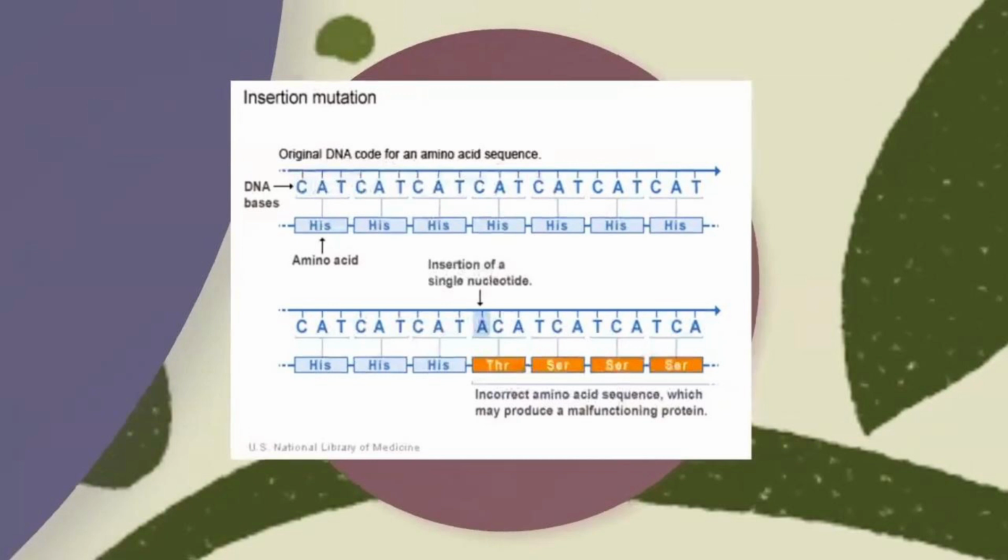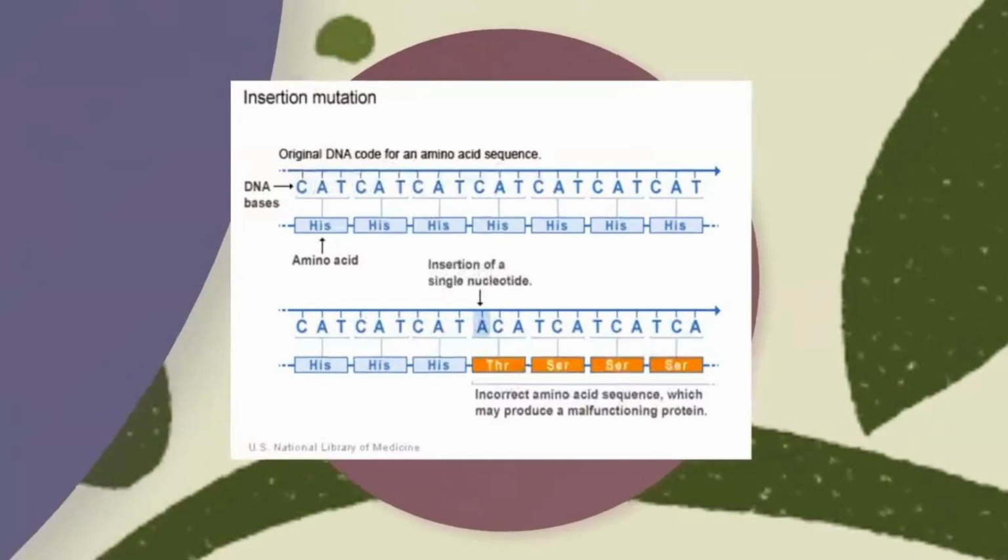Imagine we have TAT, CTT, AGT. The first one, TAT, is coding for a tyrosine. If we then have an insertion after the T, instead of saying TAT-CTT, it actually says TAT-ACTT, then what has happened is the triplet of the leucine, which is the CTT, has been moved along.